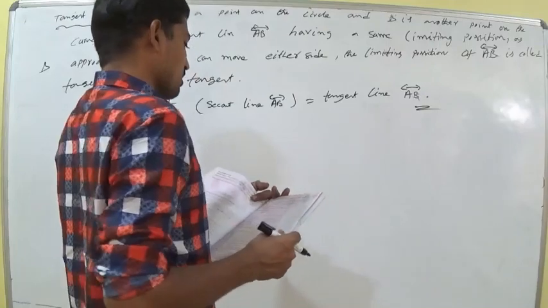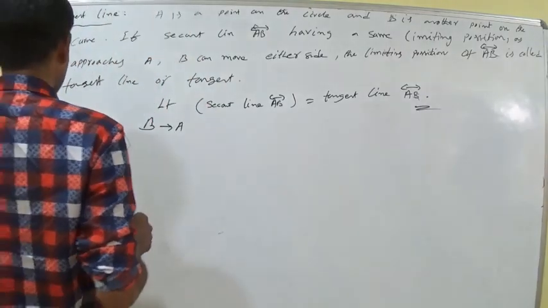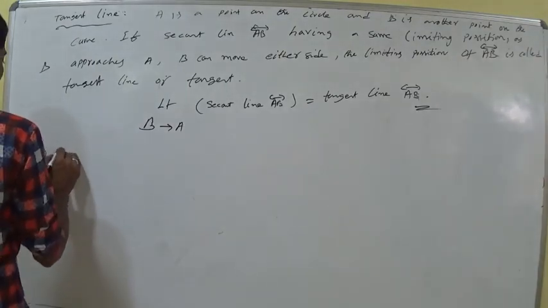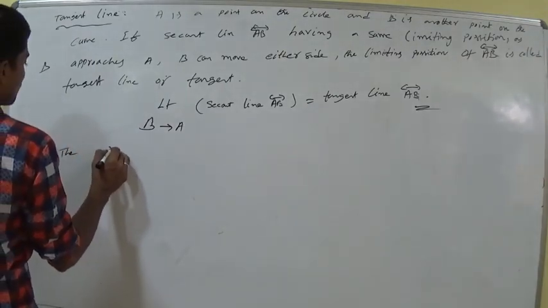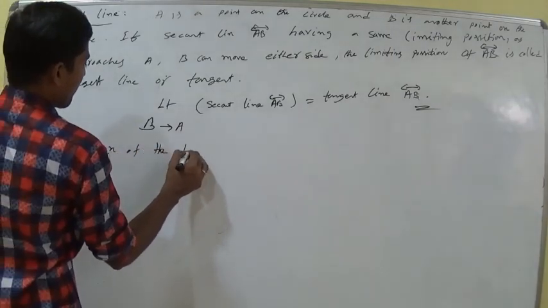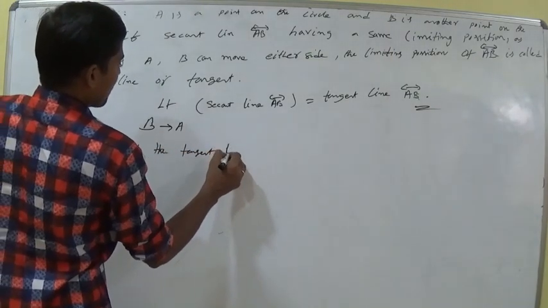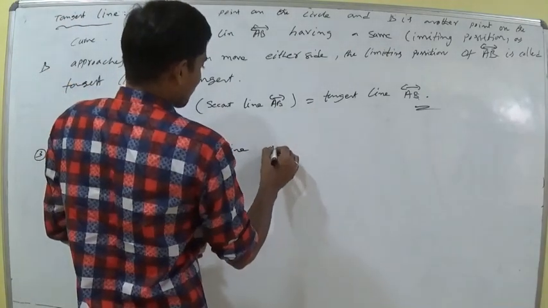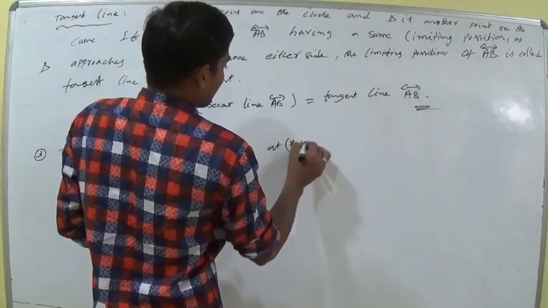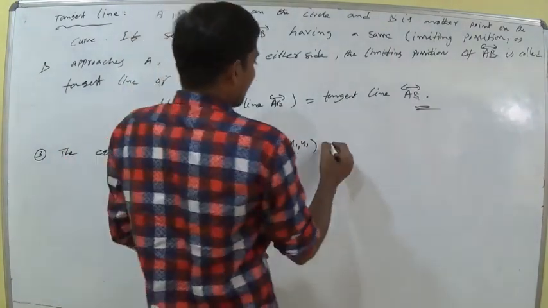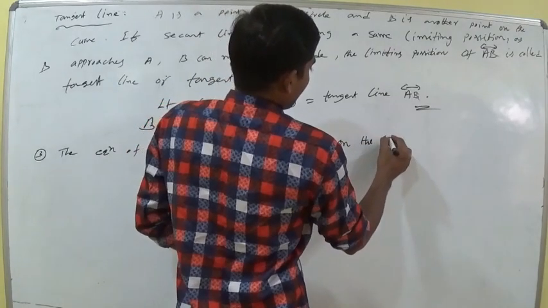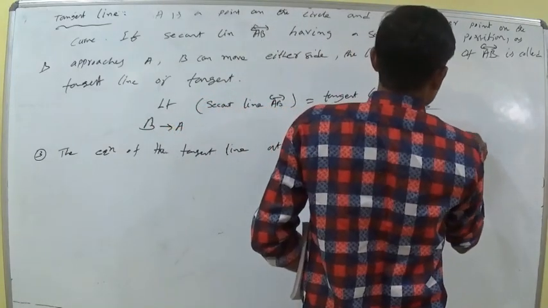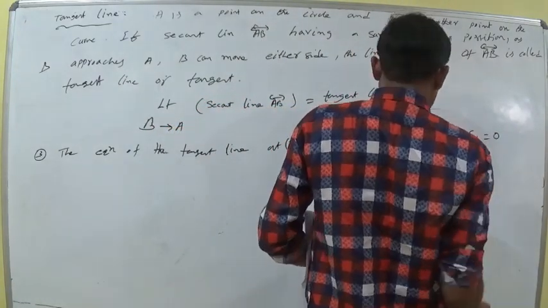The equation of this tangent line, this is the third one. The equation of the tangent line at (x1, y1) on the circle S = 0 is S1 = 0.